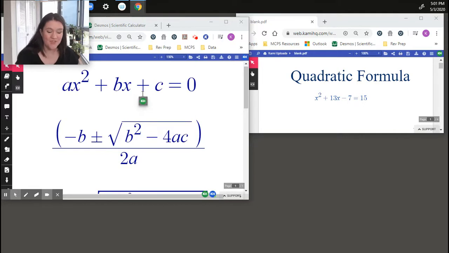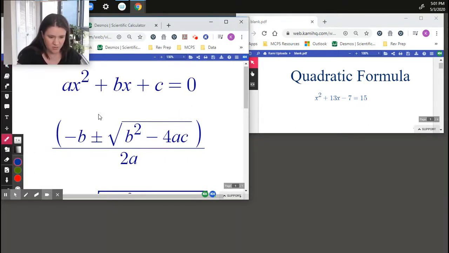Okay, so I'm going to first read it to you so that you're used to the language here. You would say negative b plus or minus the square root of b squared minus 4ac all divided by 2a. And I'm going to write a little note here as well.